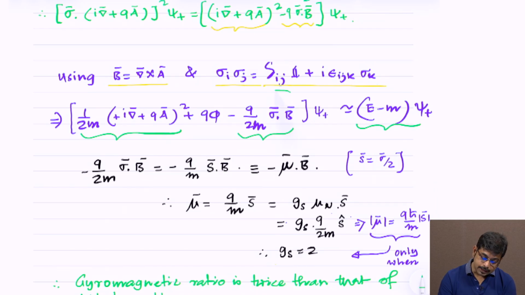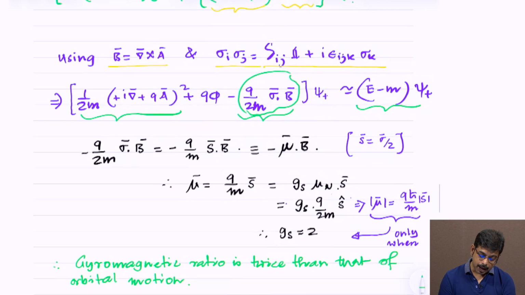Now, what does this term indicate? Minus q by 2m sigma dot B you can write as minus q by m S dot B, where S is nothing but sigma by 2. I mean, S is nothing but the spin.